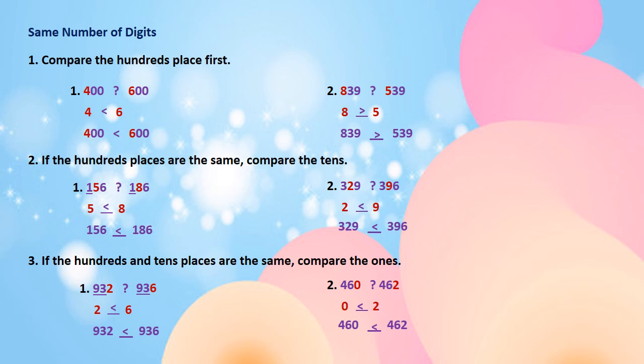And in the third sum, 462, we can see 2 is greater than 0. So 462 will be greater than 460. And always remember, the number which is greater, your crocodile mouth will be facing that number.